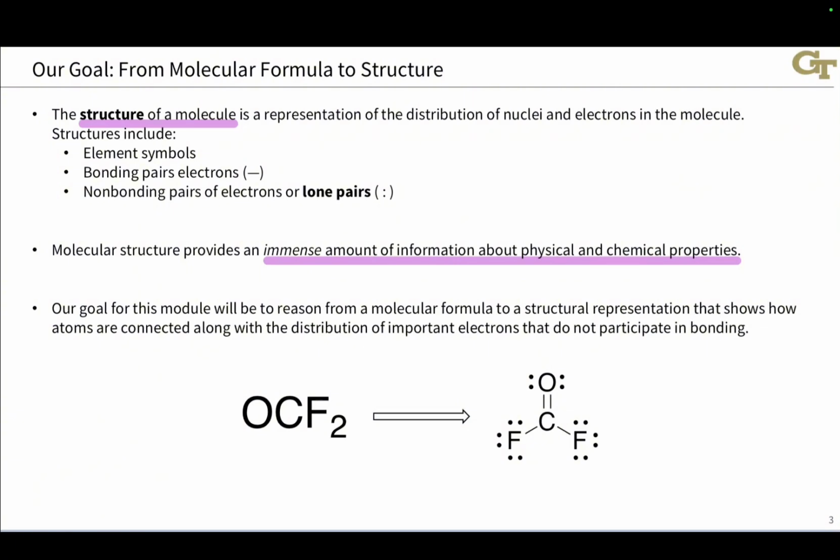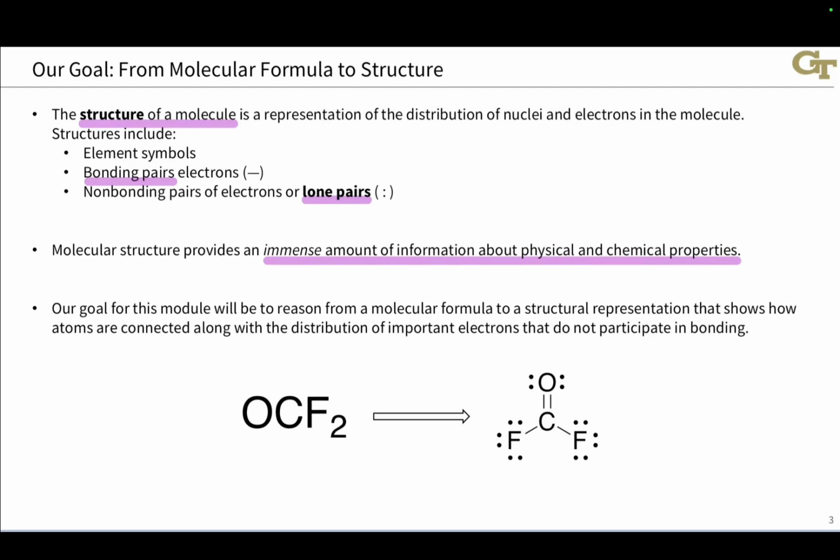And these indicate electron pairs that are located on an atom singularly, kind of belonging to one atom. That's what we call a non-bonding pair, or more commonly a lone pair, or belonging to two atoms, in which case we'd be looking at a bonding pair represented as a line.